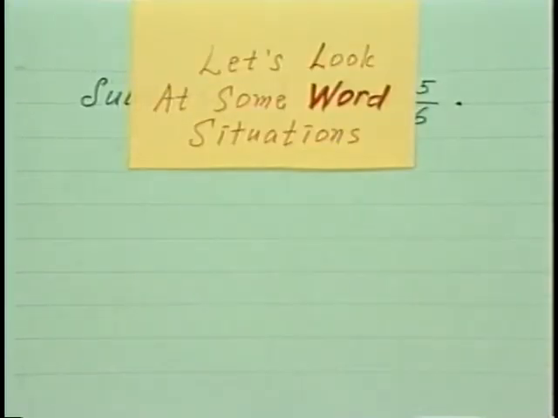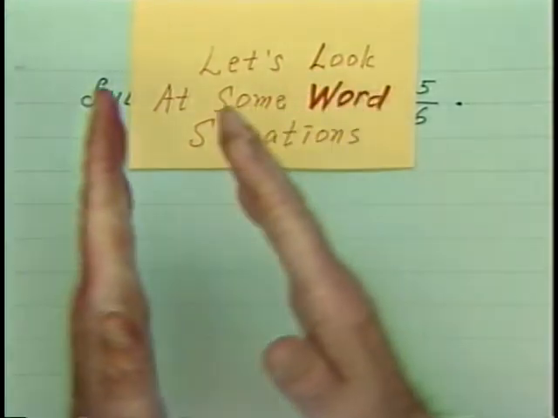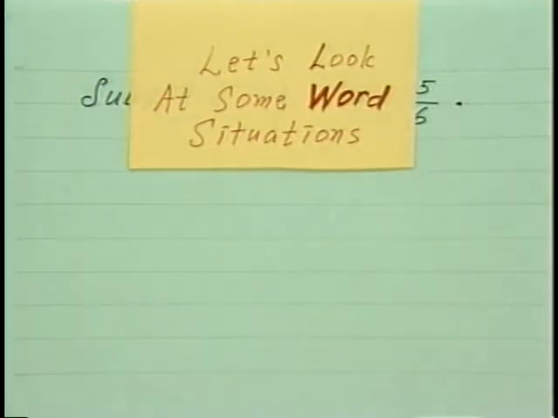Let's spend a few moments looking at some word situations involving subtraction, because after all, most problems in science and business will not be given to you all written out like we do in our exercises. They'll be given to you in words and usually spoken.